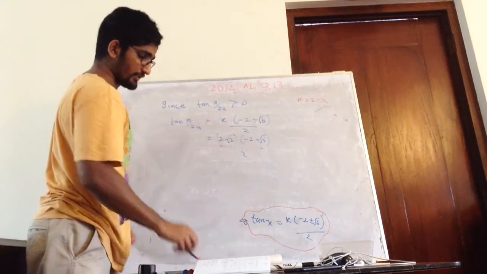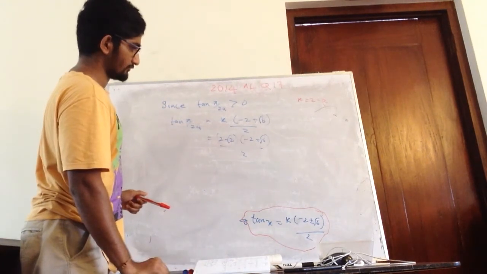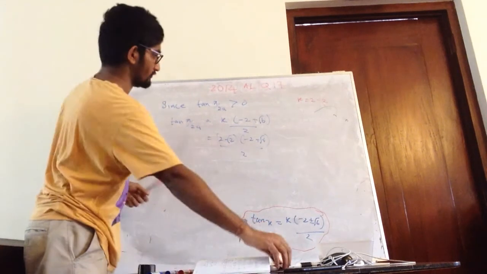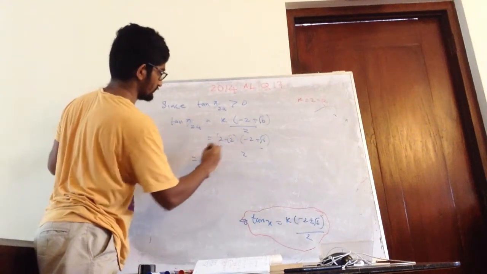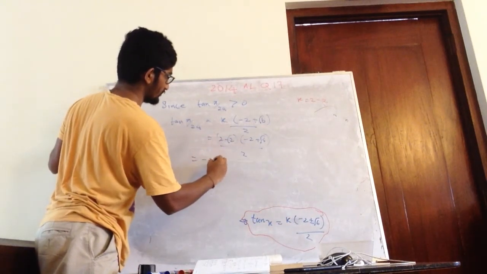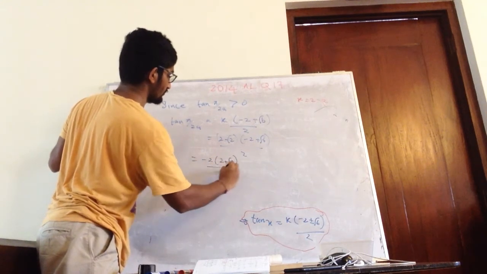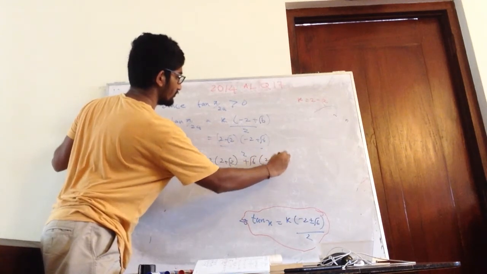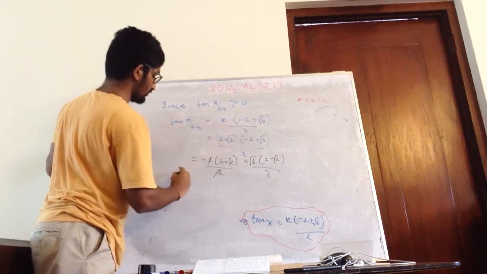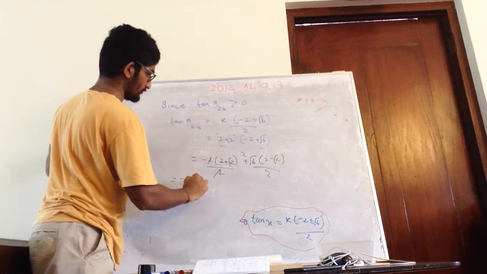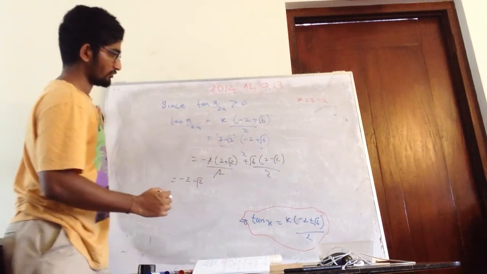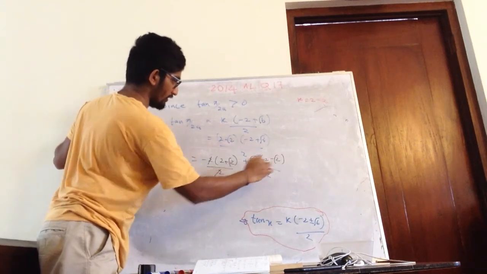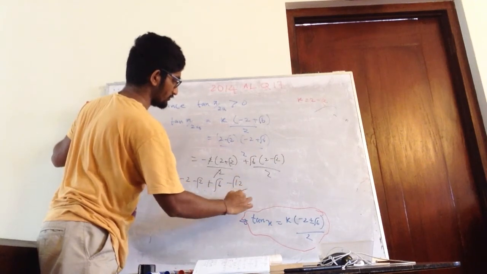So here we will get minus 2 plus square root 2 over 2 plus square root 6, 2 minus square root 2 cancels off. Minus 2 minus square root 2 plus square root 6 and minus square root 12 over 2.